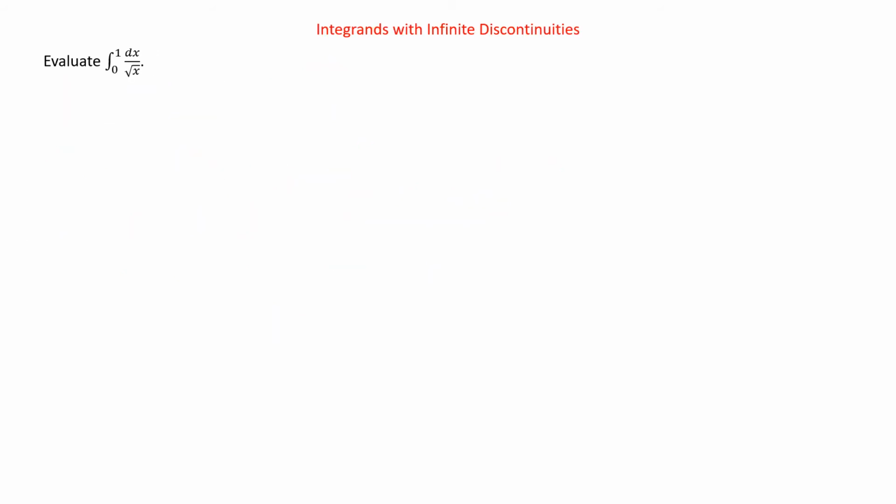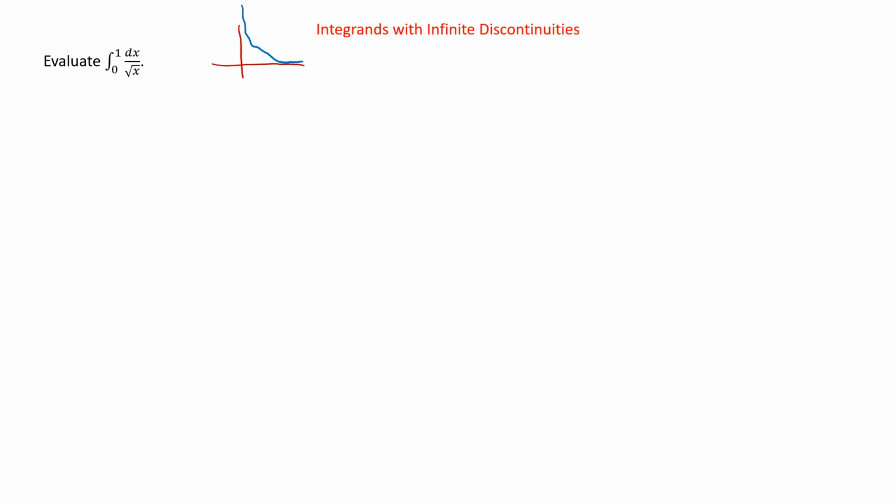What about integrands with infinite discontinuities? Now, this doesn't mean we have an infinite number of discontinuities. This means that somewhere in here, it's going to go to infinity. For instance, this one, from 0 to 1, if we graphed this, it would graph something like this, where we've got that vertical asymptote there.